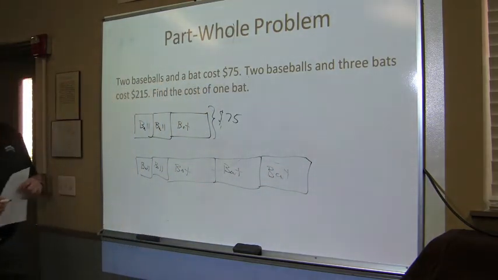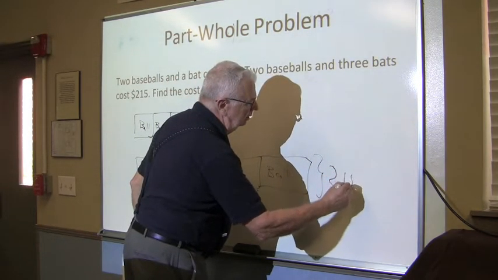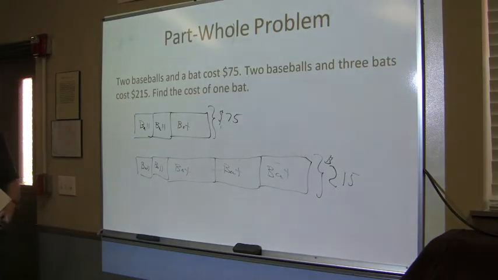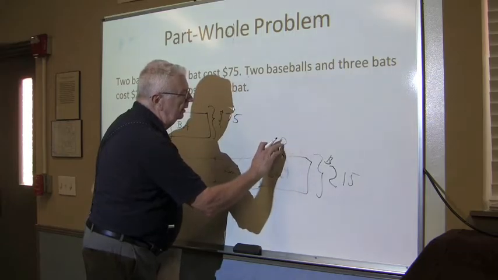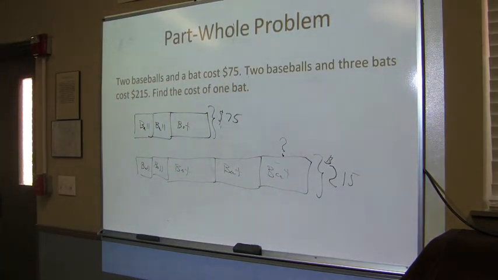Okay, so 2 baseballs and 3 bats cost $215. Okay, find the cost of 1 bat. So we could put a question mark above that 1 bat. That's what we're looking for. Right? Does everybody see how you can work this out? And it tracks the previous problem pretty closely.